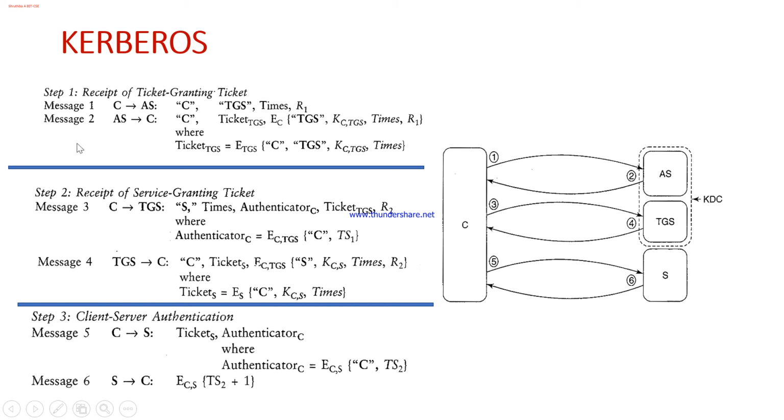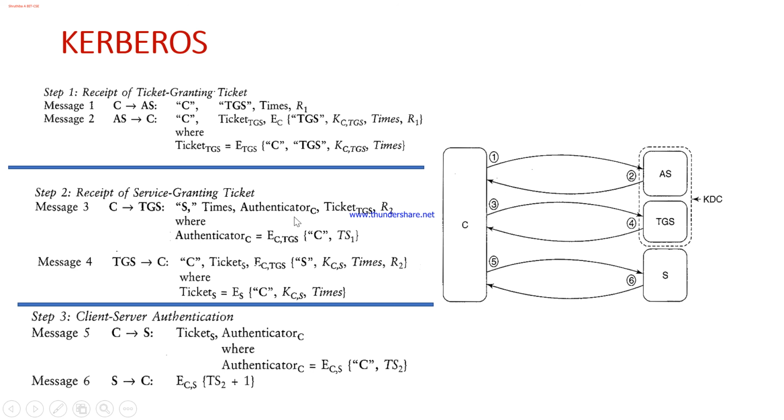On receiving this, the client will send the request to the ticket granting server, specifying the server with whom he wants to communicate, again with the time and session duration.